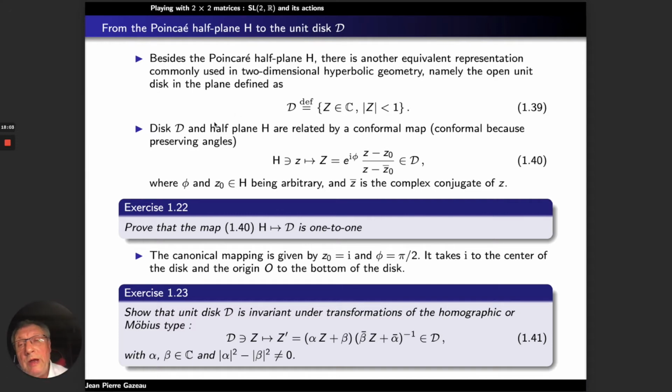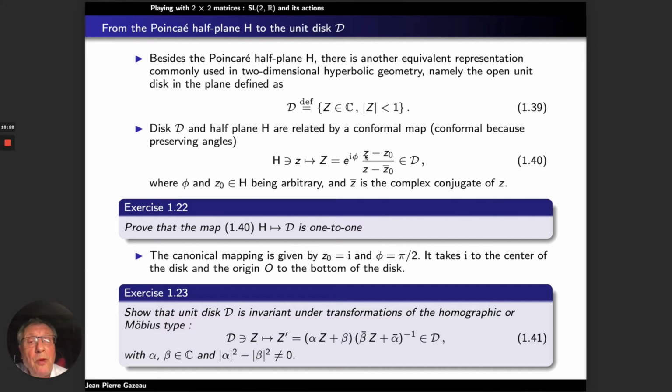How can we go from the disk to the half plane and conversely? They are related by a conformal map. Conformal because the map preserves angles, and this map is given by the following expression.